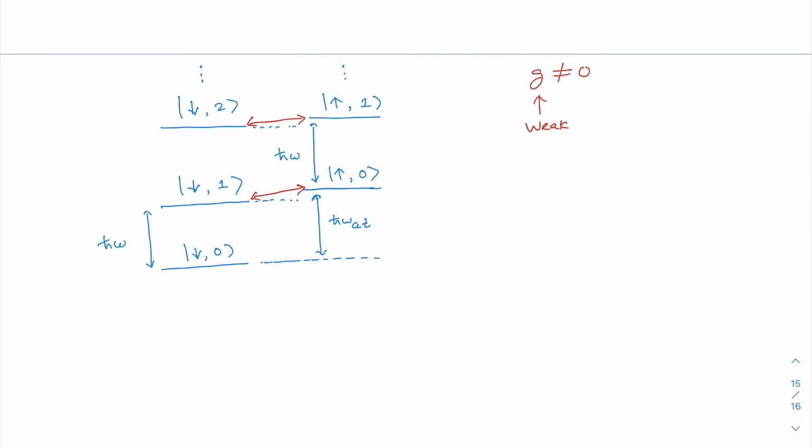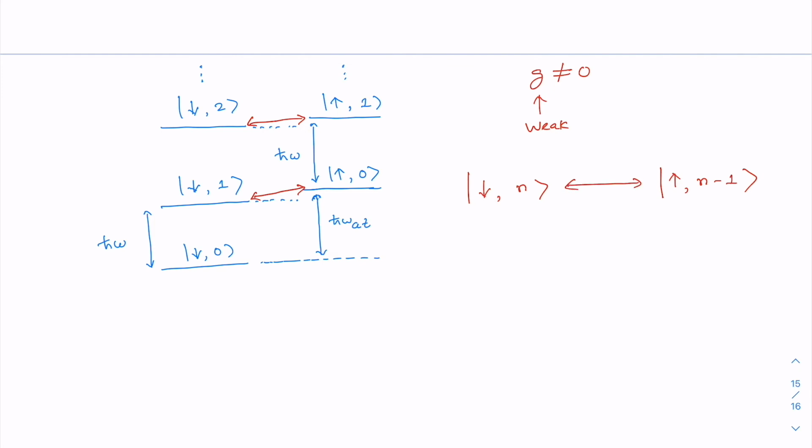Or we can say simply that the state where the atom is in the ground state and there are n photons in the field mode, and the atom in the excited state and there is one less photon in the field mode, they are connected to each other.